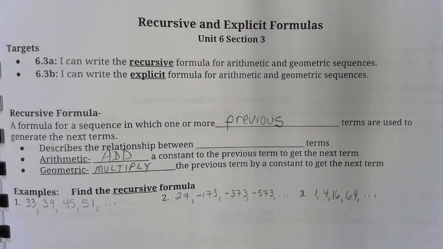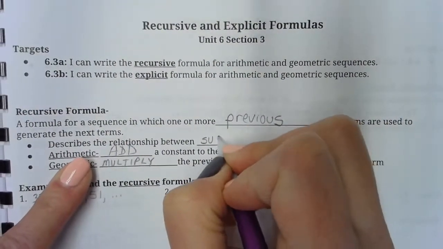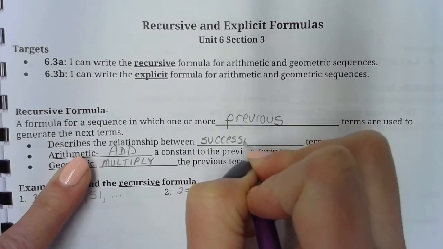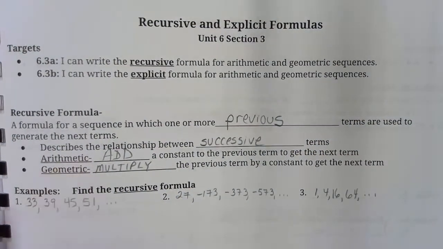So recursive, if you think about something recurring, happens again, we look at what already happened. So we use those previous terms to generate what happens afterward. And it describes the relationship between successive terms. So terms that will happen one right after the other.